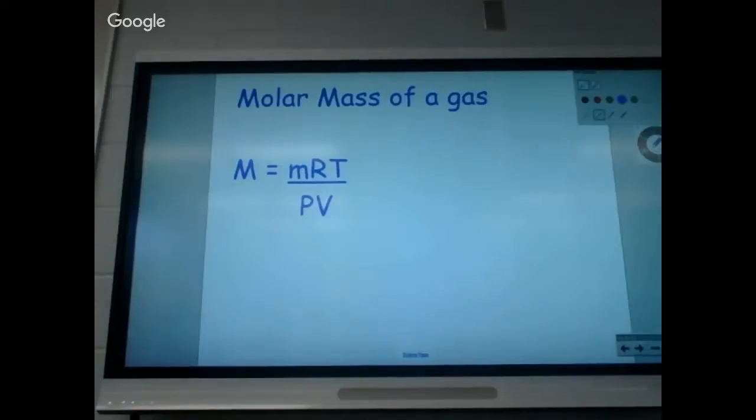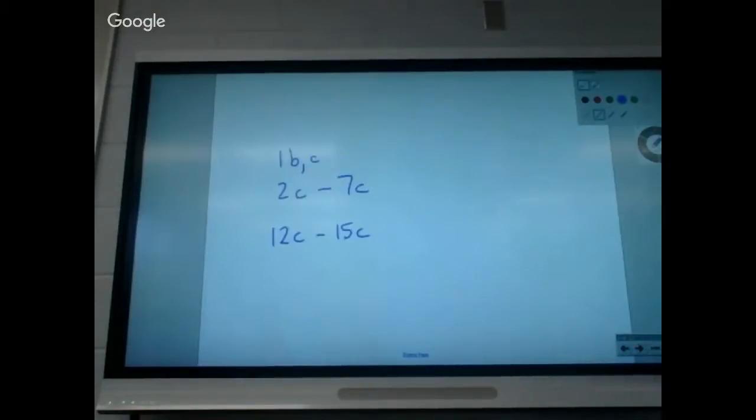Homework or molar math? Then work. Wait, I don't know what it is.